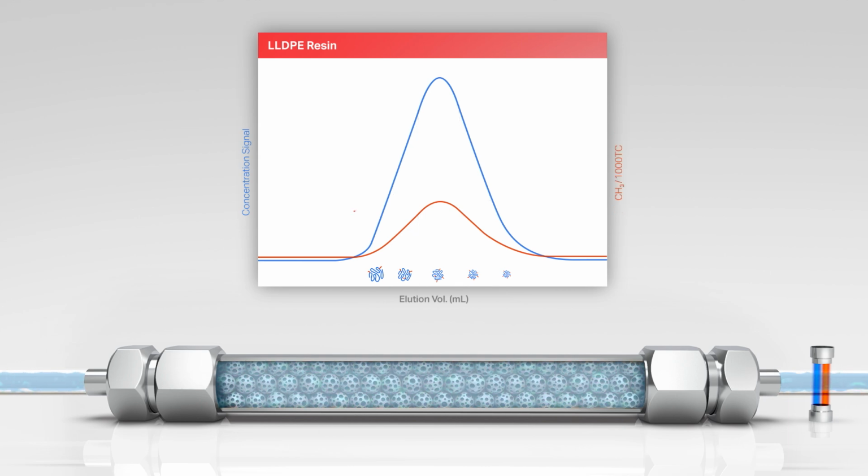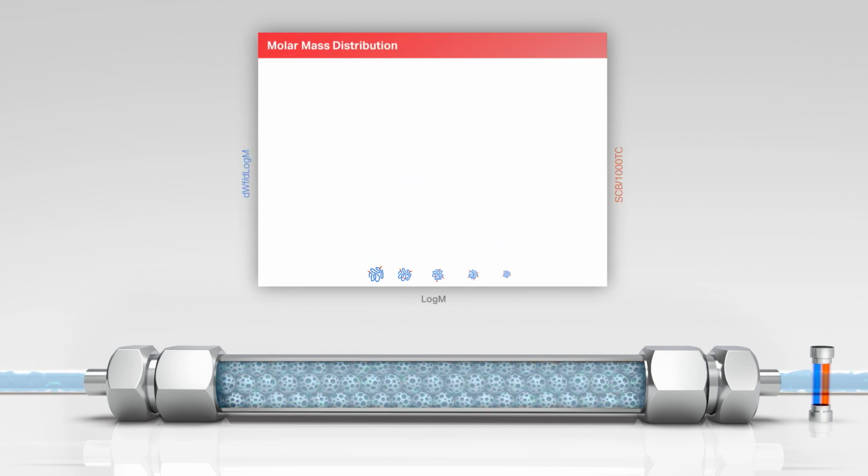And when calculating the ratio of the two curves, we find that for this LLDPE, the number of branches decreases as molar mass increases.